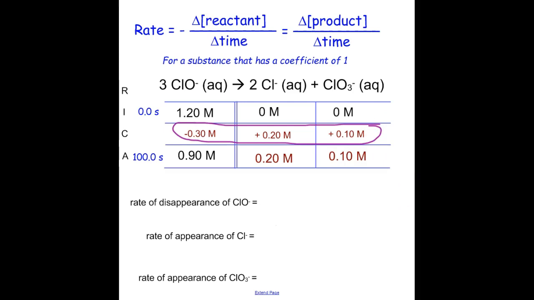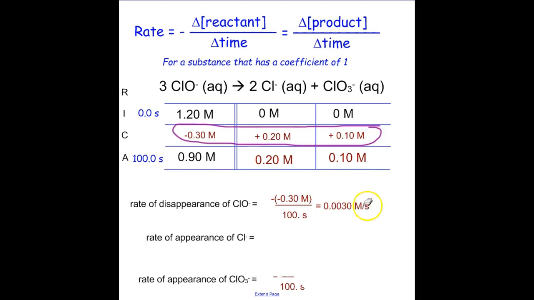So the rate of disappearance of hypochlorite is the change in concentration over the change in time. Always final minus initial. And so we end up with a rate of 0.0030 molarity per second.